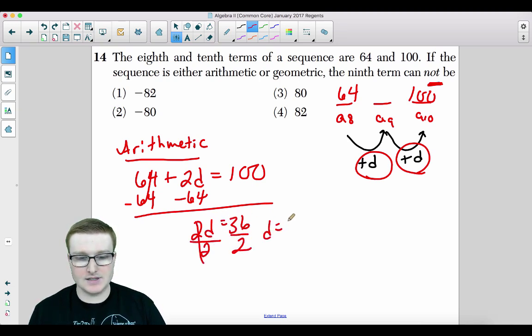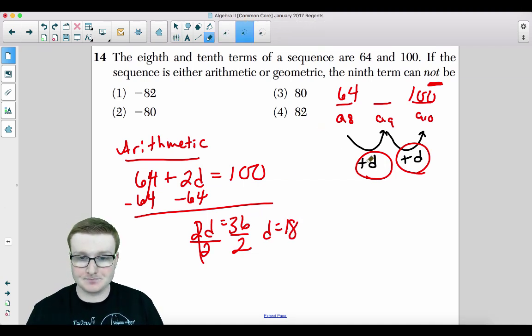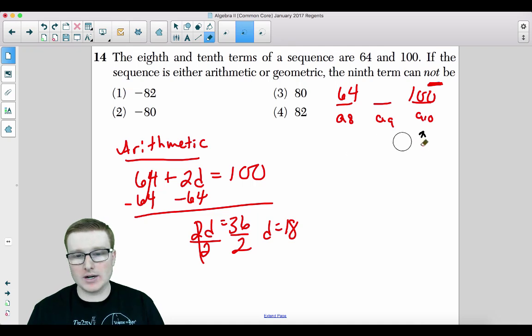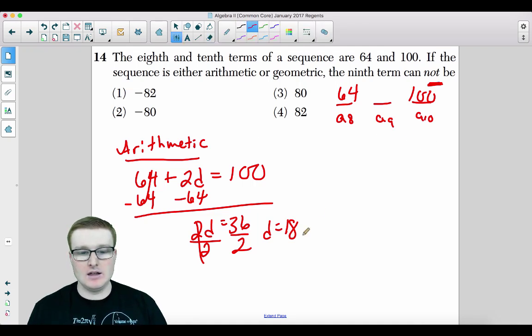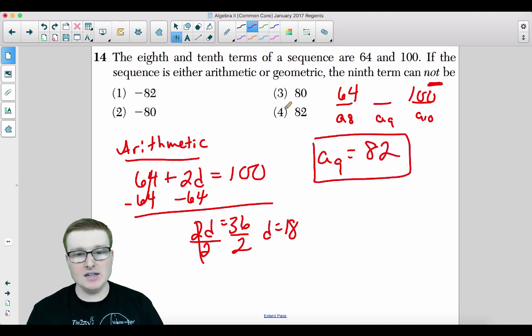The common difference is 18 if you were to do it arithmetically, okay? So therefore, the a sub 9 term, if the common difference was 18 and if it was arithmetic, would be 64 plus 18, which would be 82. Okay? So 82 is, in fact, achievable to get that answer.